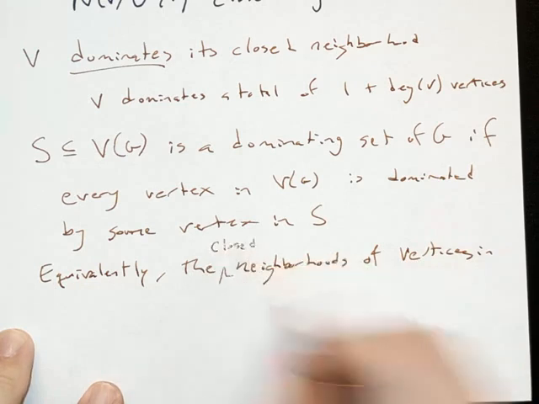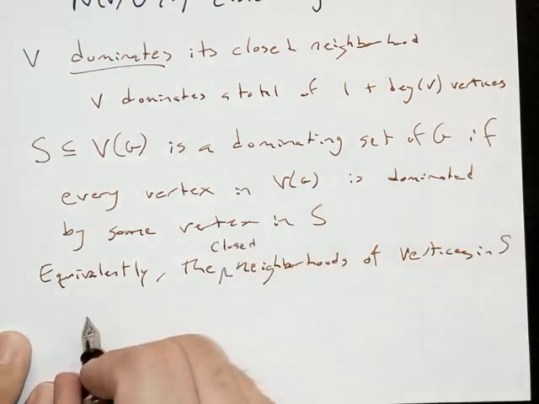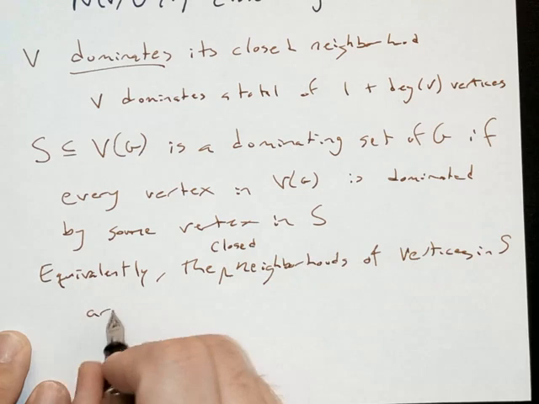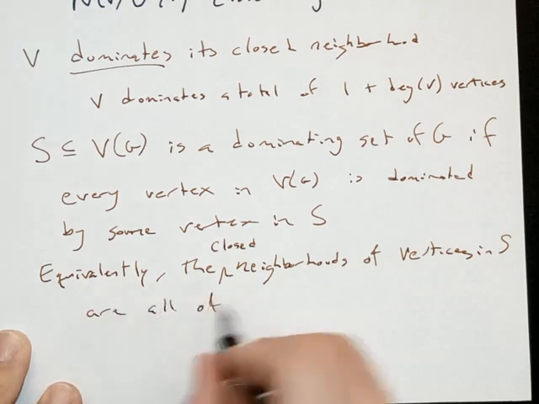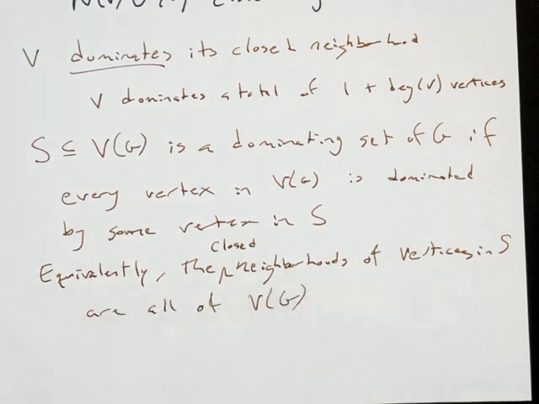Closed neighborhoods. But since the closed neighborhoods are the vertices themselves and everything adjacent to it, another way of saying this is that S is adjacent to everything else in the graph.